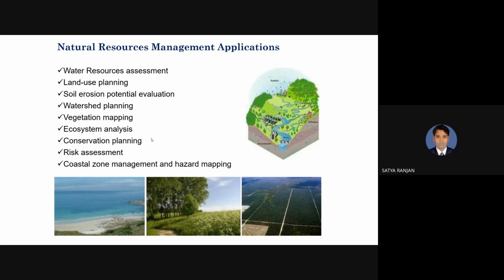Then ecosystem analysis. Suppose there are coastal areas, a mud flat area, then mangrove area, then aquaculture areas. So how does this ecosystem affect different wild animals like crocodiles or other migratory birds, along with different turtles which nest near the beach of the coastal area?